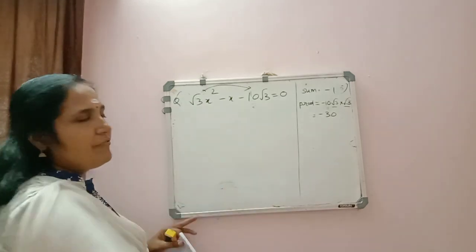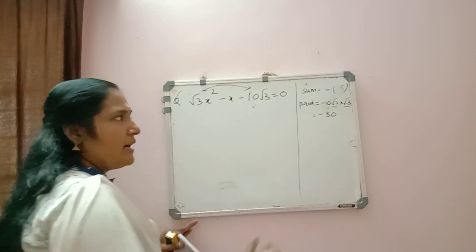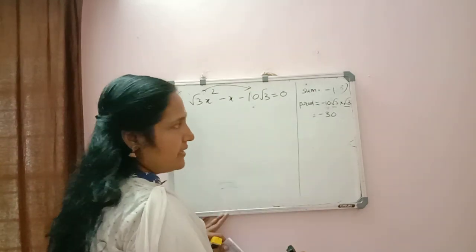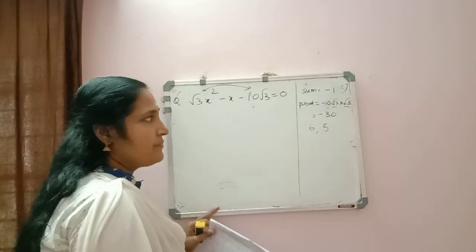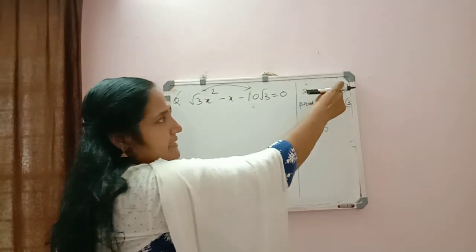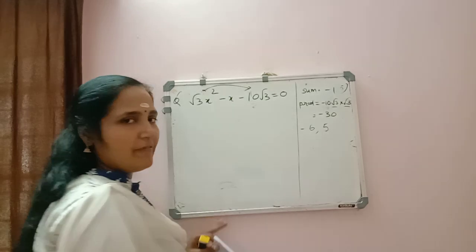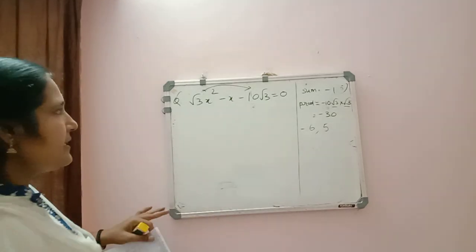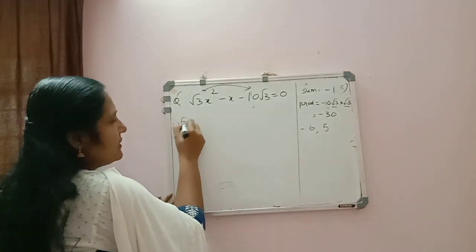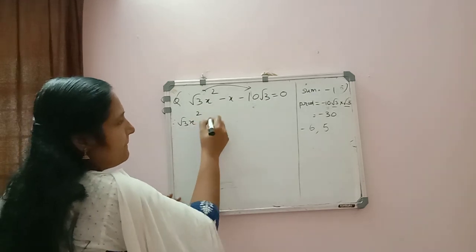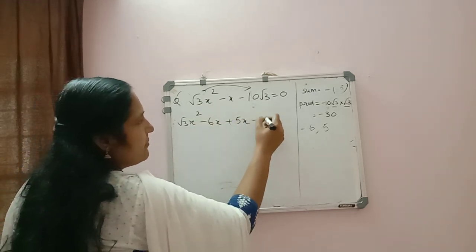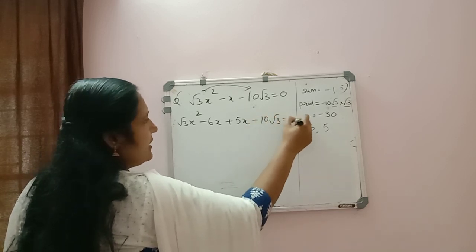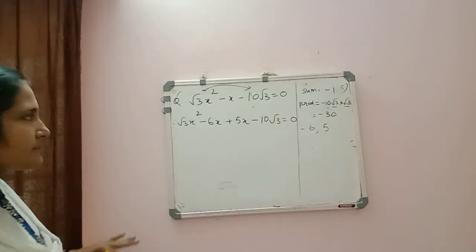Without using the table, if you are able to do it, you can do it. Otherwise, if you want, you can check it there. I hope you all got the numbers 6 and 5. Out of these, the sum is negative, so the greater number you have to take negative. So rewriting it as root 3x square minus 6x plus 5x minus 10 root 3 is equal to 0.